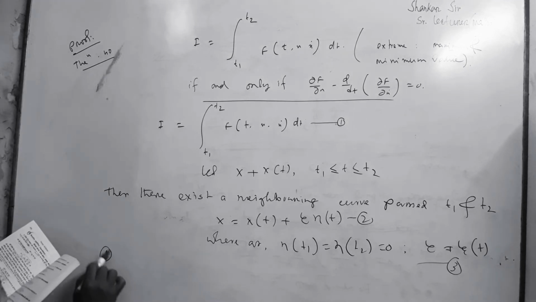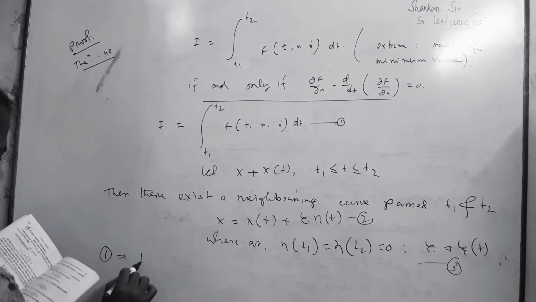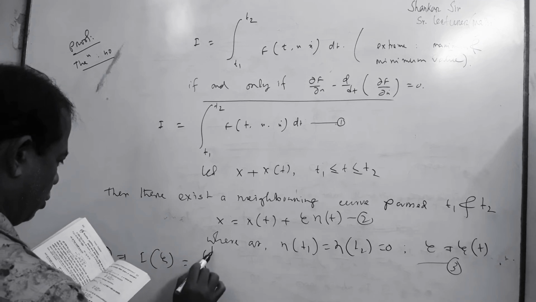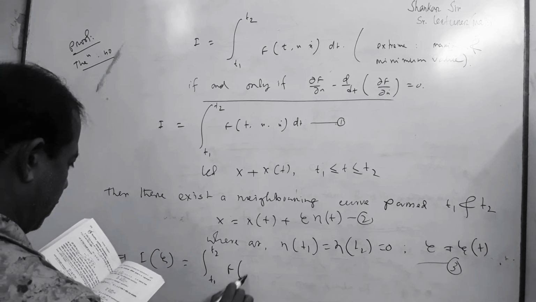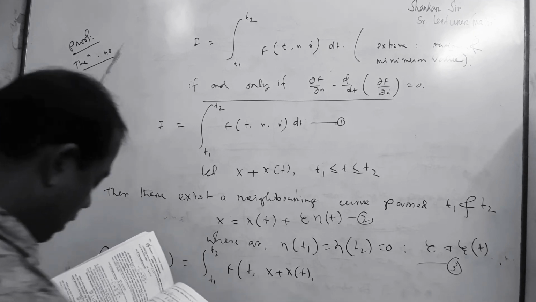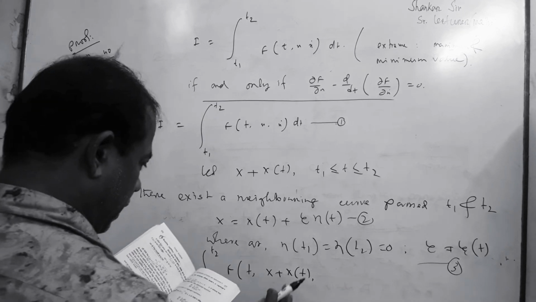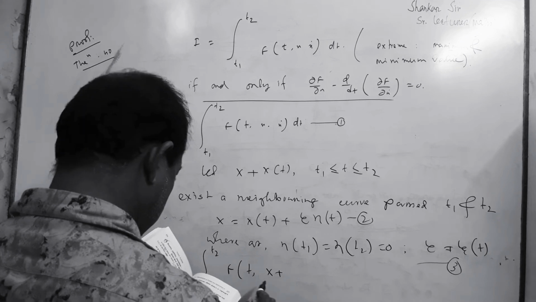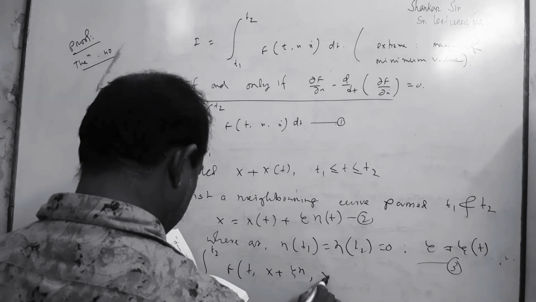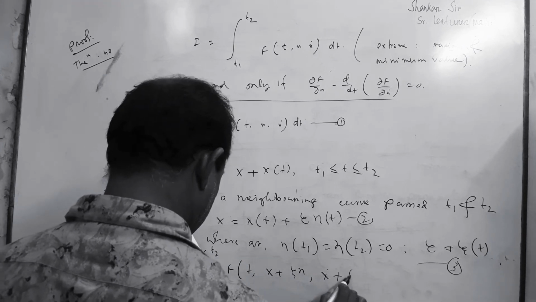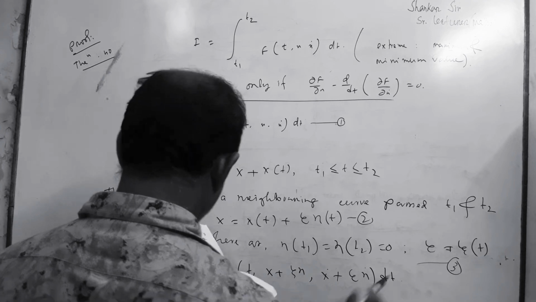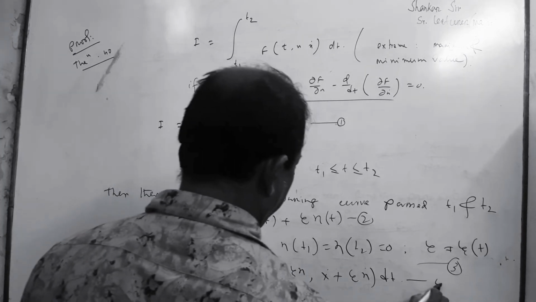So one implies I of epsilon is equal to the integral from T1 to T2 of f of t, x plus epsilon eta, x dot plus epsilon eta dot, dt. Okay, that is number 4.